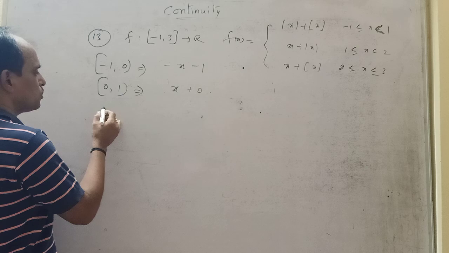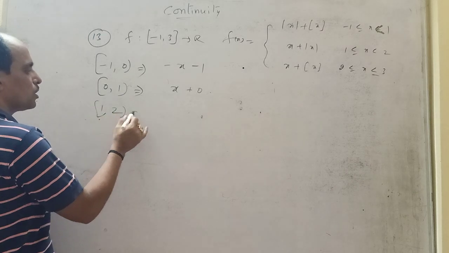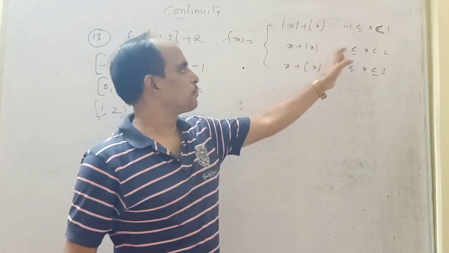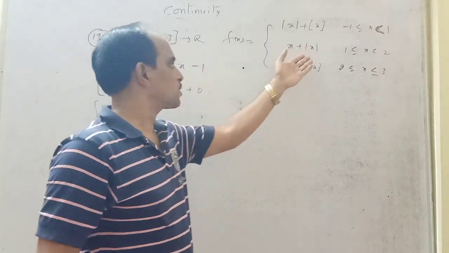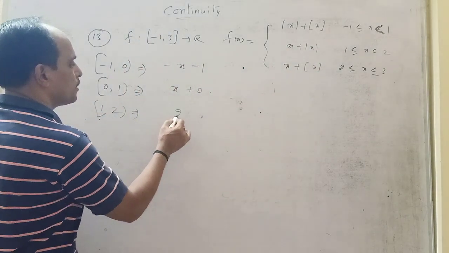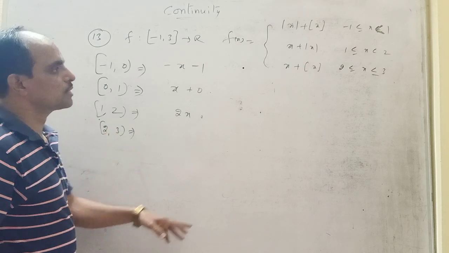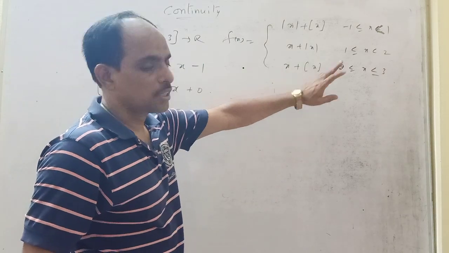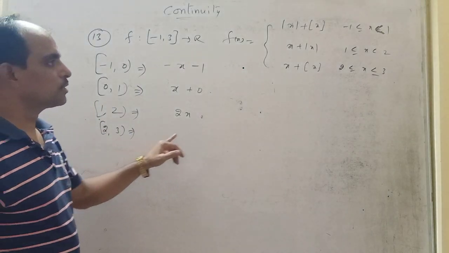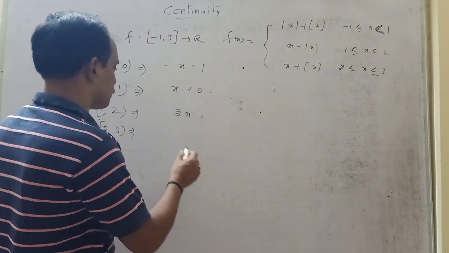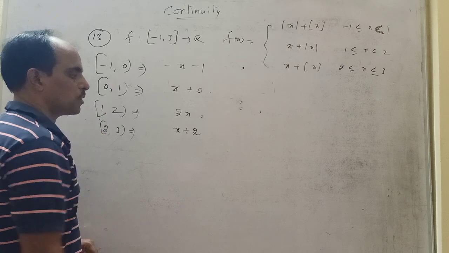Now from 1 to 2, mod x is a positive value, so x plus x, we can write 2x. From 2 to 3, excluding 3, step x is 2, so it is x plus 2 only.